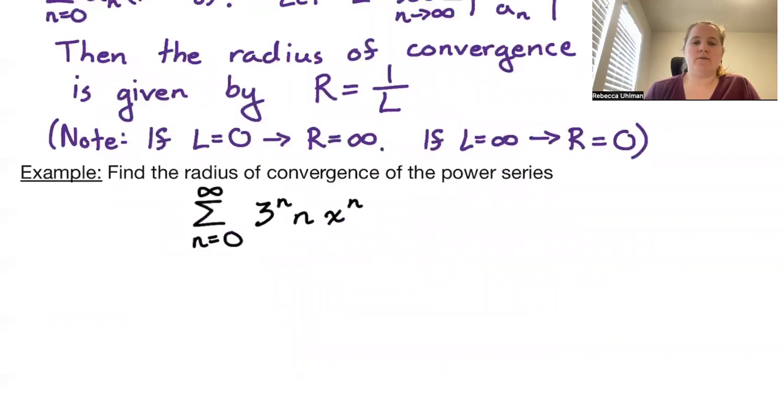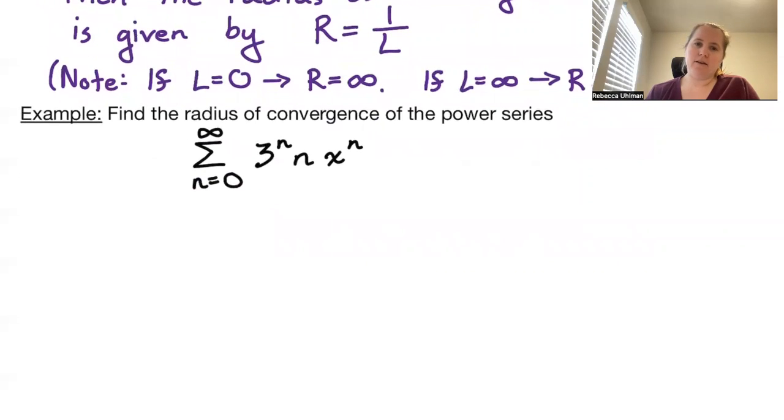So let's go ahead and find the radius of convergence of the power series given by the sum from n equals 0 to infinity of 3 to the n times n x to the n. So in this case, our 3 to the n times n is our a sub n.